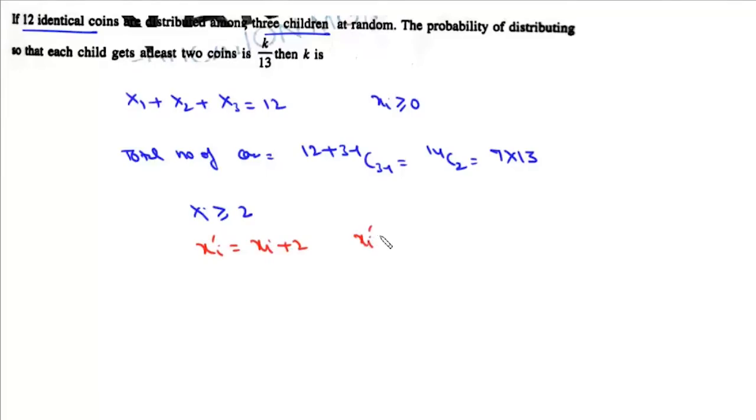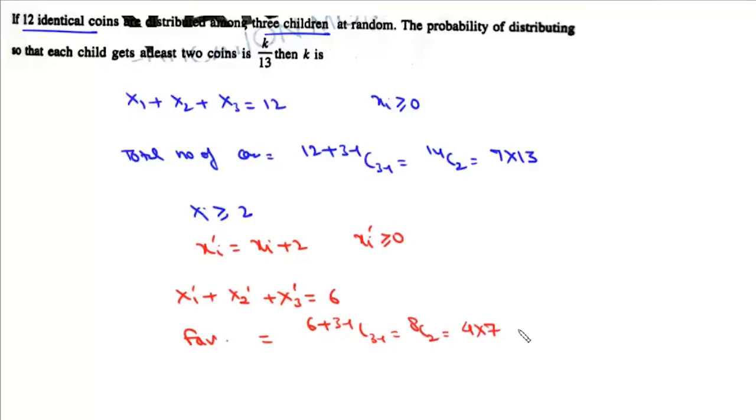So here xi dash will be greater than or equal to 0. Now we replace each of them, it will be this x1 dash plus x2 dash plus x3 dash and they'll be equal to 6. Now we need to find number of non-negative integral solutions. So total number of favorable cases will be 6 plus 3 minus 1 C, 3 minus 1 and there will be 8 C2 and 8 C2 is 4 into 7.